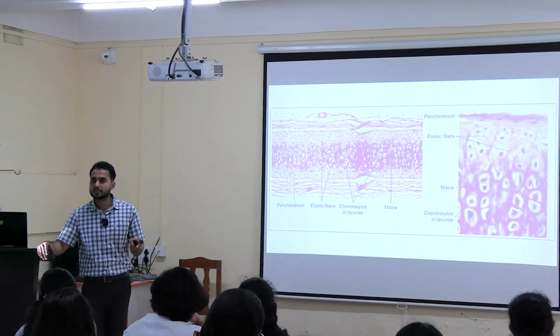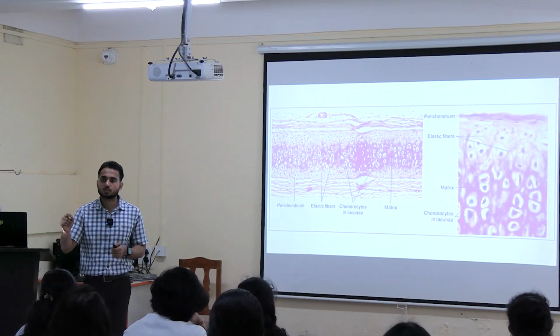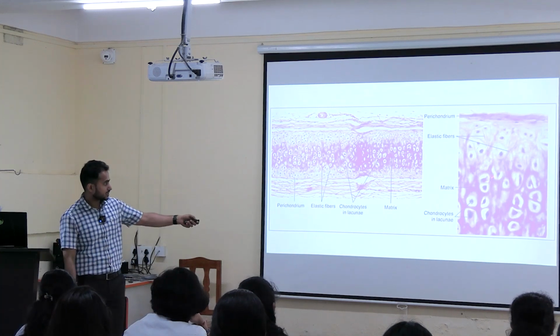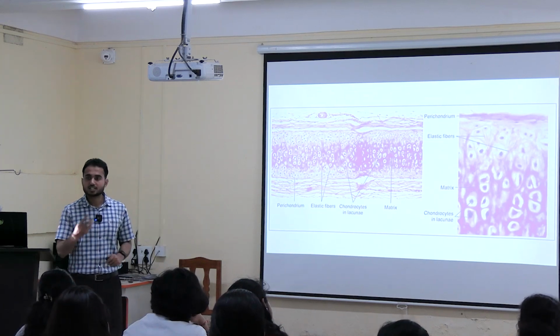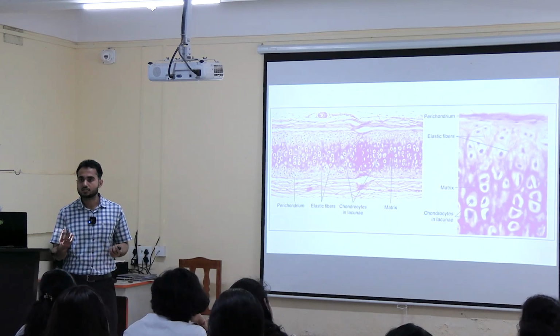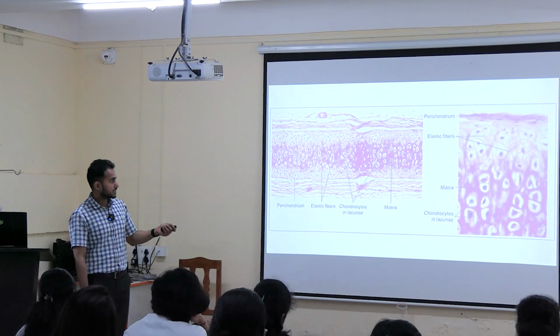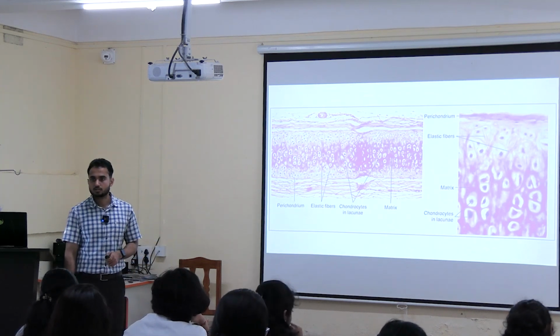The cartilage cells are present inside the lacuna. The chondrocytes present here are larger as compared to the hyaline cartilage. Just see the shape of the cell. This is one cell, this is one cell. The size of the cells is larger as compared to hyaline cartilage. That is the important identifying feature of elastic cartilage.